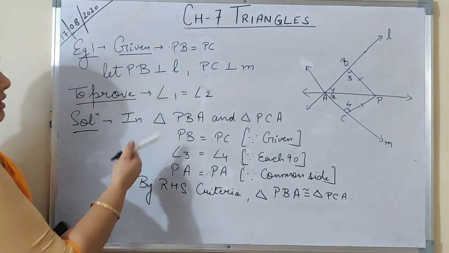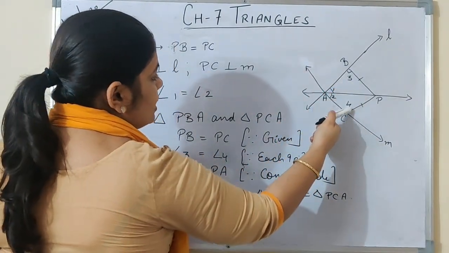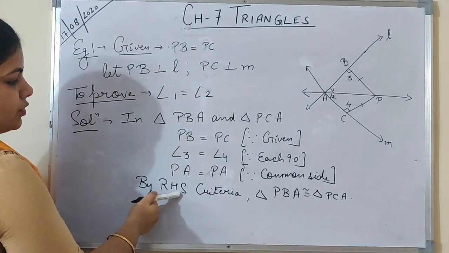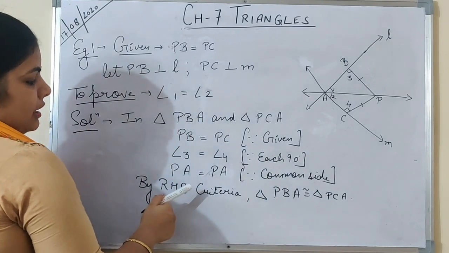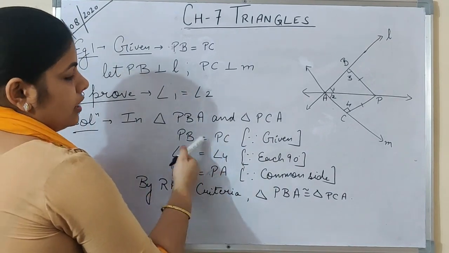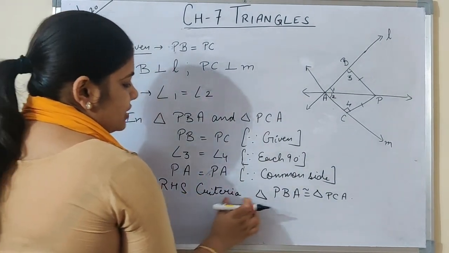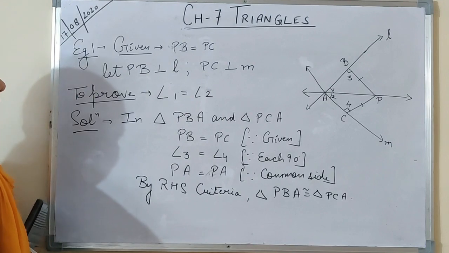You can see that angle 3 is equal to angle 4, which is equal to 90 degrees. That means this is one right angle we are having. Next is the hypotenuse; again the hypotenuses are equal for both triangles. Next is the side; one side is equal in both triangles. So that's why, by the RHS criteria, triangle PBA is congruent to triangle PCA.